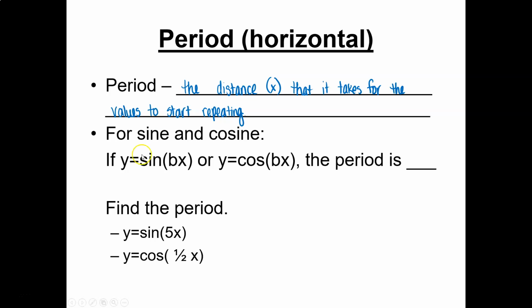Whenever we put a b right here, it is going to expand or compress that, and in the opposite direction, right? If we put a big number there, it's actually a compression, which squishes it in. It's going to make the period smaller, right? If it is a small number, it's an expansion. So the period is going to be 2 pi divided by b.